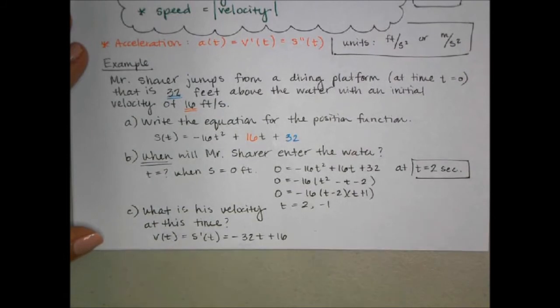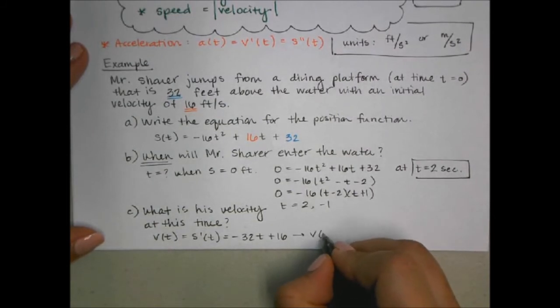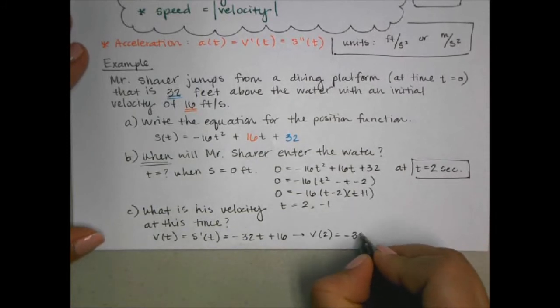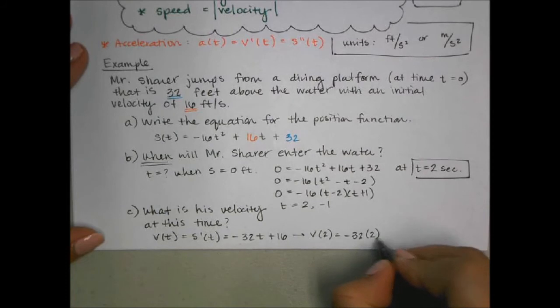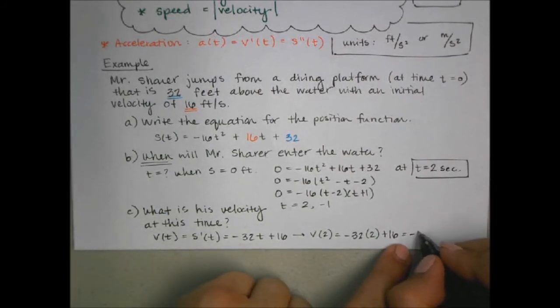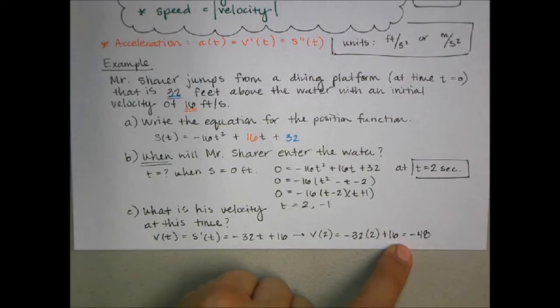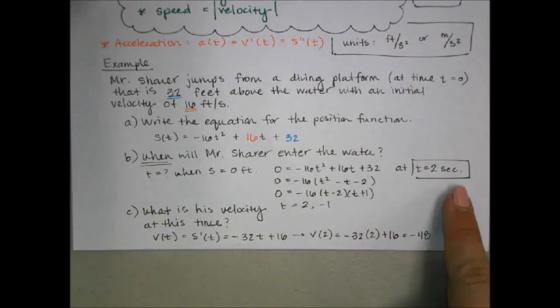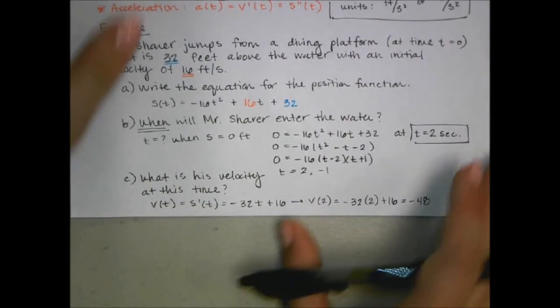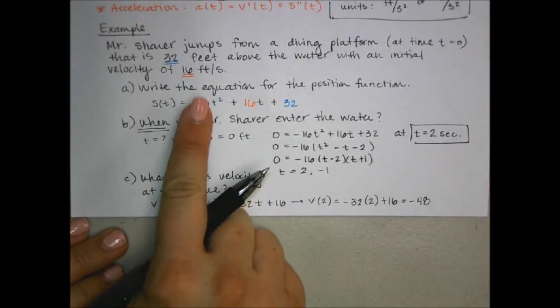And then we just want to know his velocity at this time, so we'll plug in 2 for t. That's going to come out to negative 48. The last thing we want to do is include our units, so just like we did here with time. And remember that velocity is measured in feet per second, just like our initial velocity was.